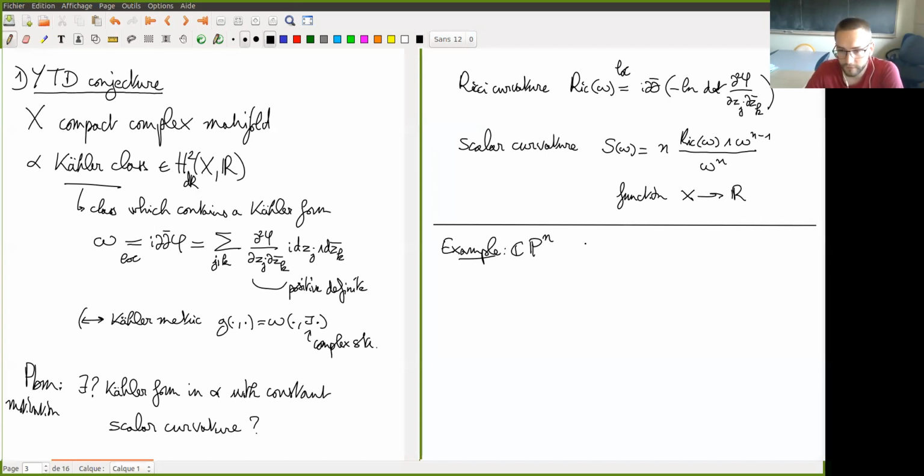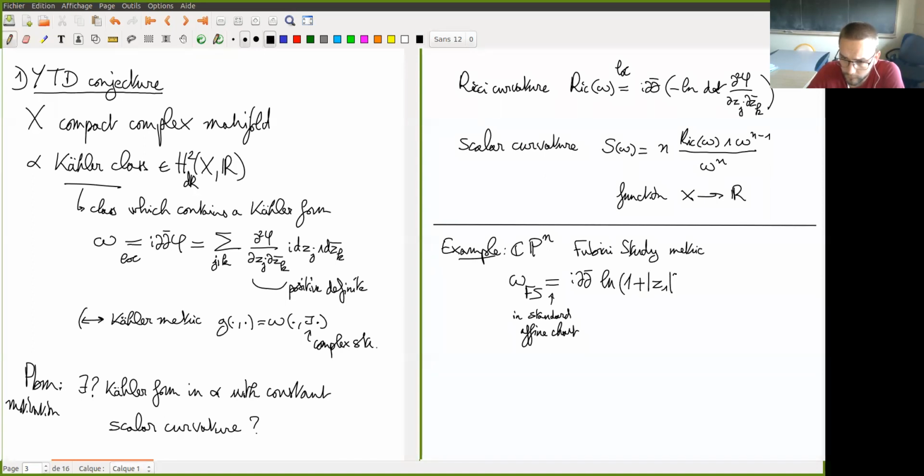The complex projective space is a compact complex manifold, and the Fubini-Study metric corresponds to a Kähler form by this correspondence, which is given by a local function. If you take the standard affine charts, it's given by i ddbar of the function log of 1 plus the sum of the squares of the holomorphic coordinates.